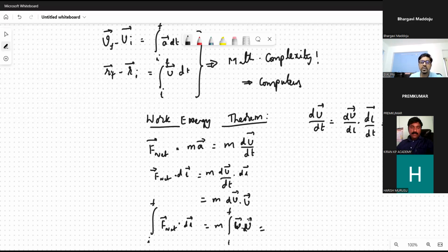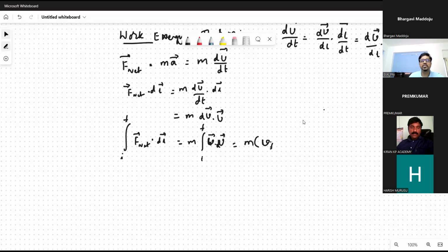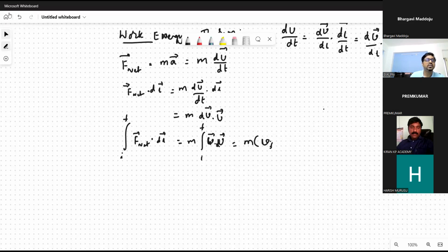So this becomes m into v dv, which is basically v square by 2. So you have v final square minus v initial square. This is what we have, the method.